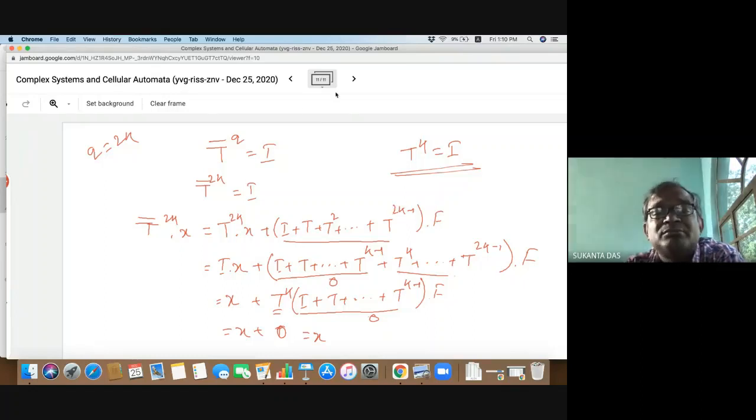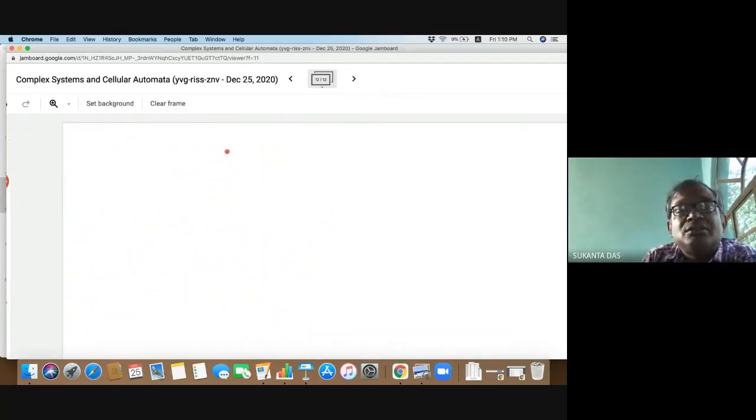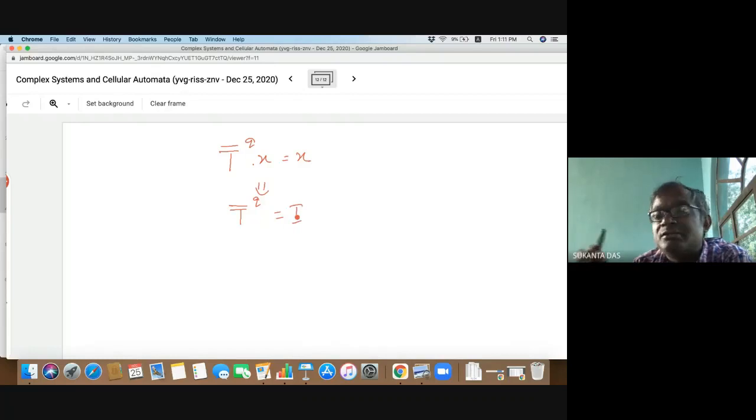So what I get here is T dash Q into x equal to x, right? So from this I write that T to the power Q is equal to I. It's equivalent to: while I'm operating using T to the power Q on x, I'm getting x, the same as operating the identity matrix on this x.